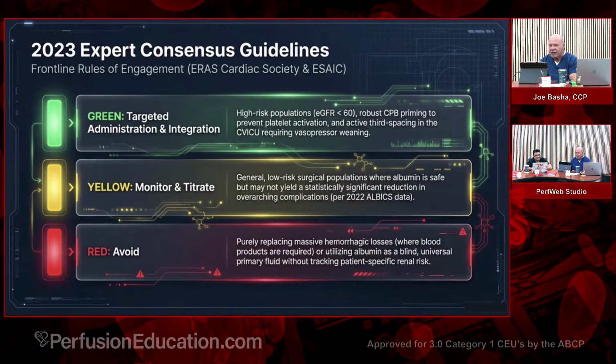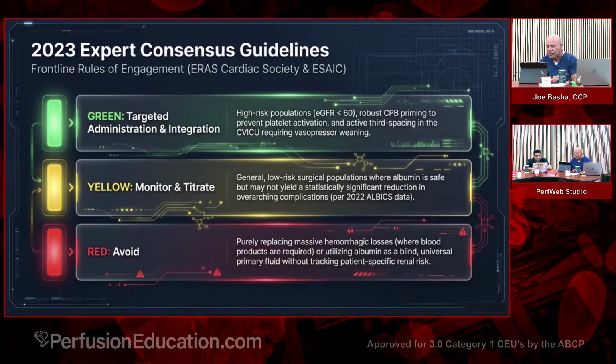Anyway, getting back, you have targeted administration and integration: high risk population, GFRs under 60, robust CPB prime to prevent platelet adhesion and reduce the activation or having third spacing occur, and also for inflammatory processes, mitigating inflammatory response syndrome, and in the CVICU requiring vasopressor weaning.